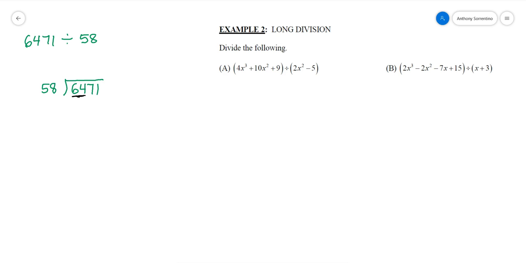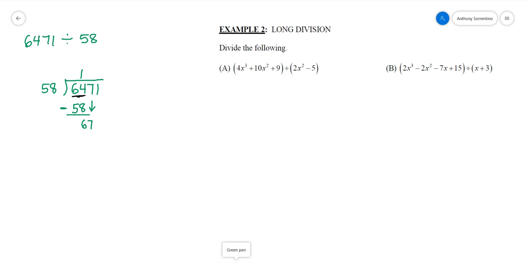So it seems as though 58 is going to go into 64 one time. So do 1 times 58 and get 58. I would subtract what was here. 64 minus 58 is 6. And once I got a number here, I would bring down the next term, 7.